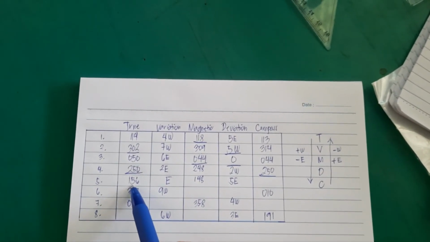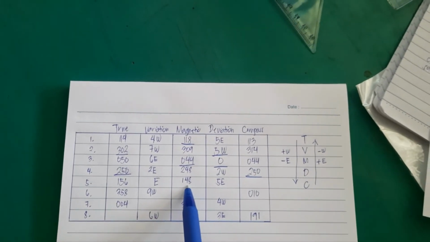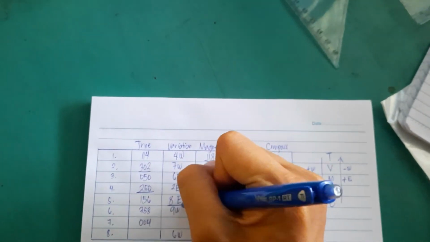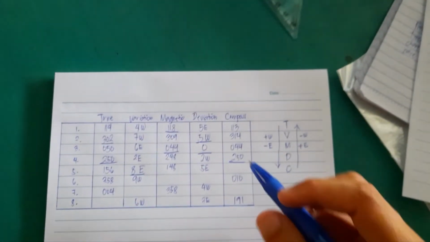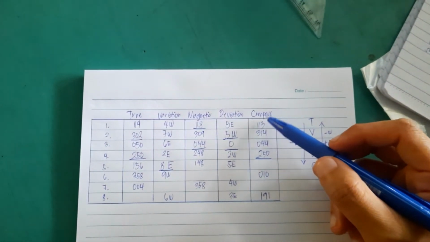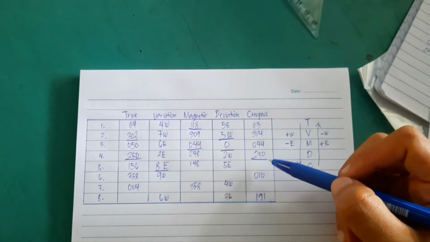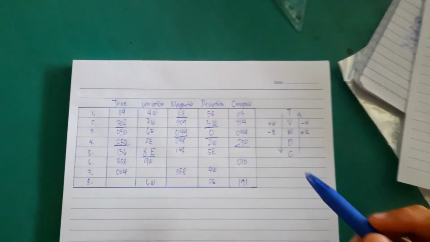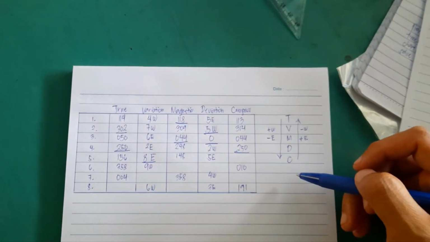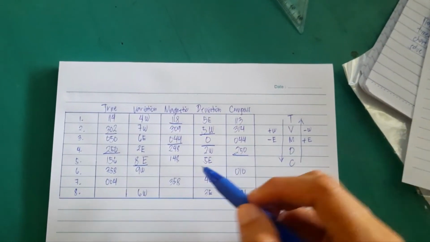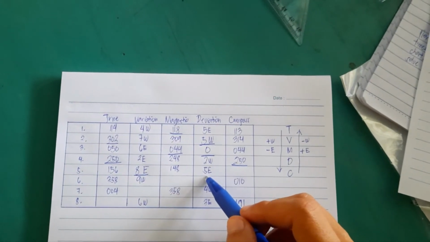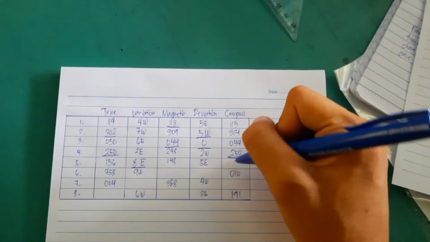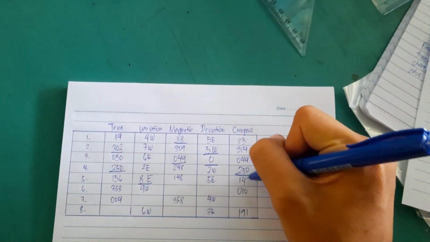So 156 minus 148 is 8. 8 east. So for this one, compass is missing. So how can we get the compass? The same, the applicable rule we can use is true course to compass course. So that's east, so minus: 148 minus 5, so 143.